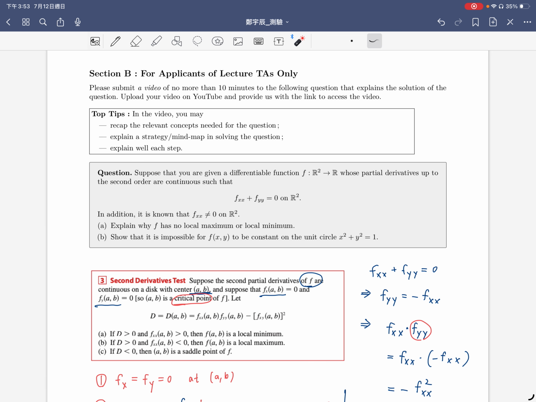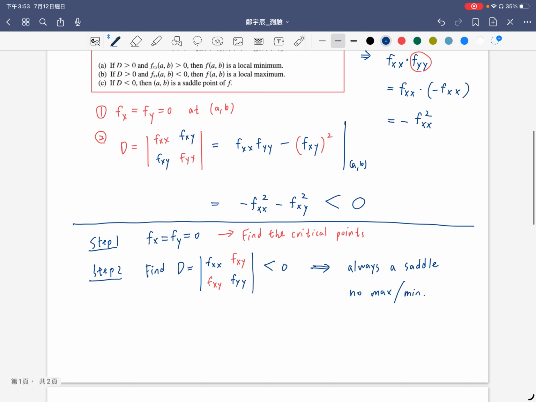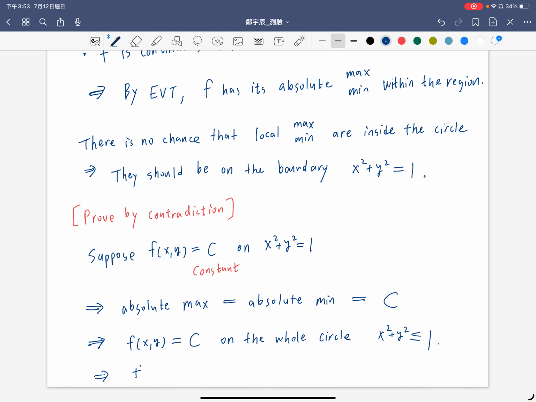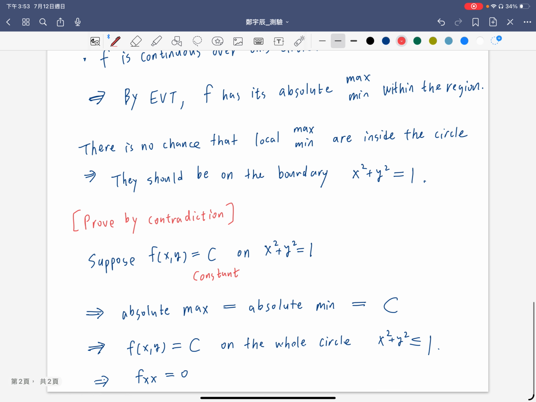because if f is a constant over the region, the second derivative can only be 0. So the assumption f_xx not equals 0 cannot be true. f_xx equals 0, and this is the contradiction.